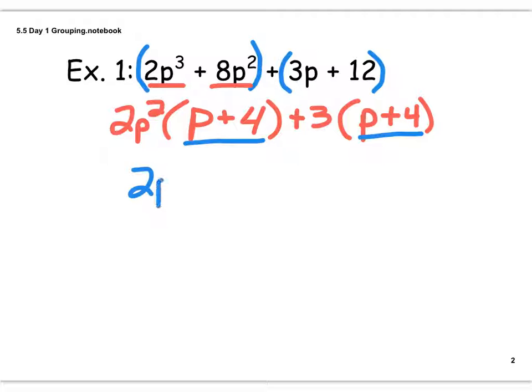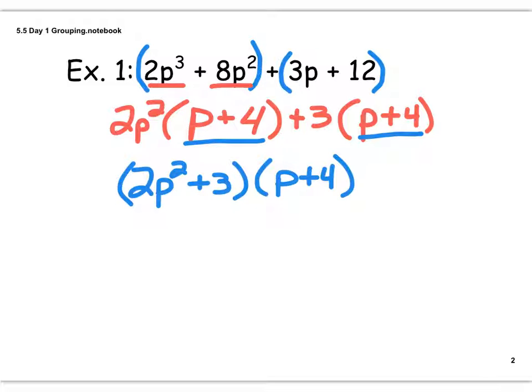So I have 2p squared plus 3 inside one set of parentheses, and p plus 4 inside another. I do need to remember to double check whether anything else is factorable further. If something is factorable further, then I need to go ahead and factor that out as well. Done with that one.